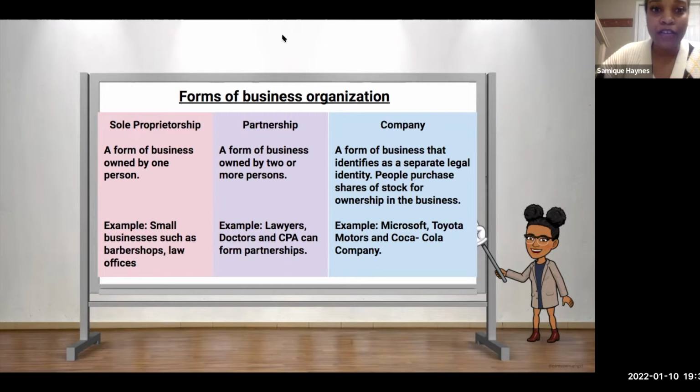So whatever they claim, let's say they get $1 million and my business is only worth $500,000, guess where the other $500,000 is going to come from? It's going to come from me, right? So that's one of the benefits of having a company over a sole proprietorship and partnership.